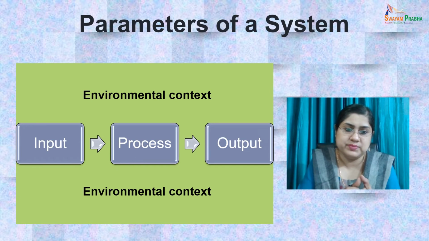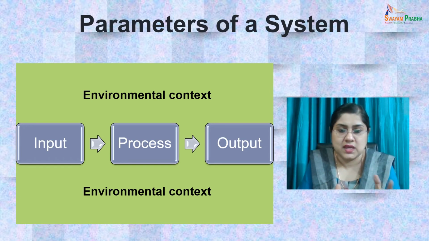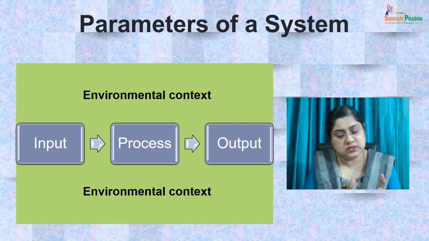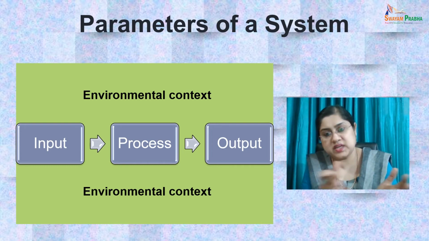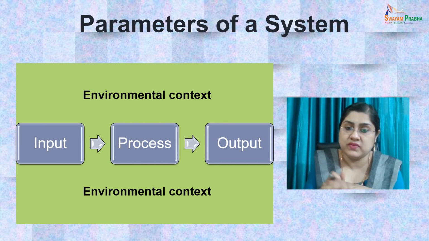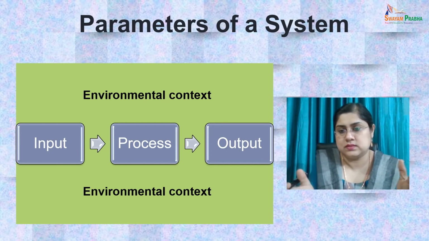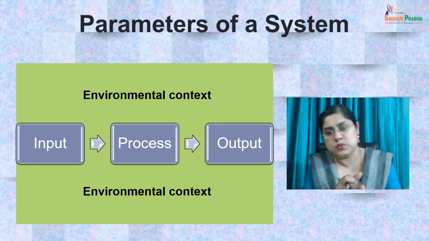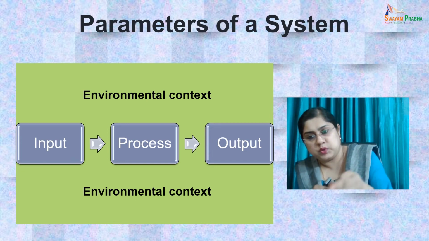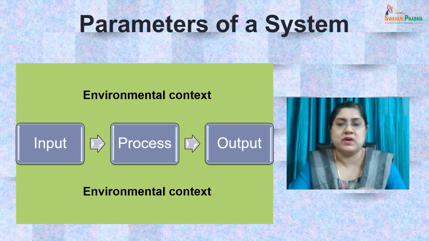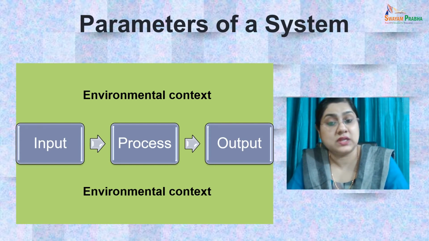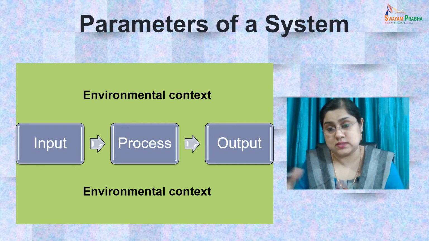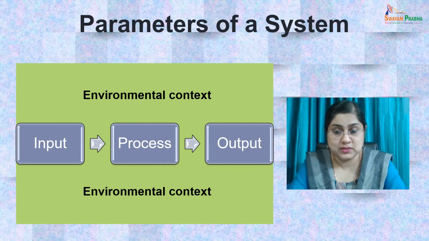These basic parameters of a system are very important when we talk about the working or functionality of a system. And in this flow chart, you can see the entire flow, how the input, process, output, and the environmental context are related, or how these four parameters are related to each other.